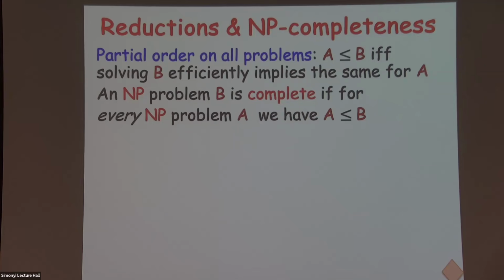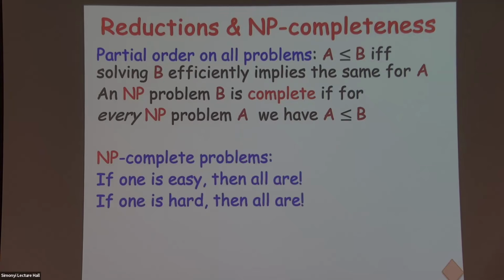So it's harder than every other problem. It's not clear how to get the first one. Once you have the first one, you can. But anyway, people did. I will not talk about it. What is true about them is, they are very convenient. If one is easy, all are easy. If one is hard, all are hard, by this reducibility.